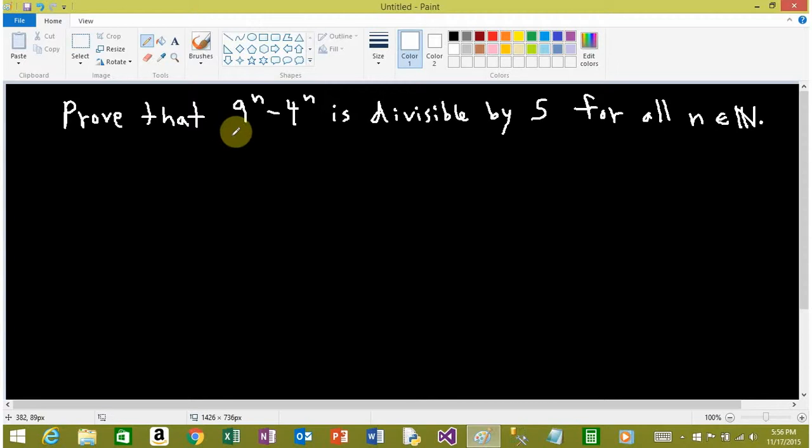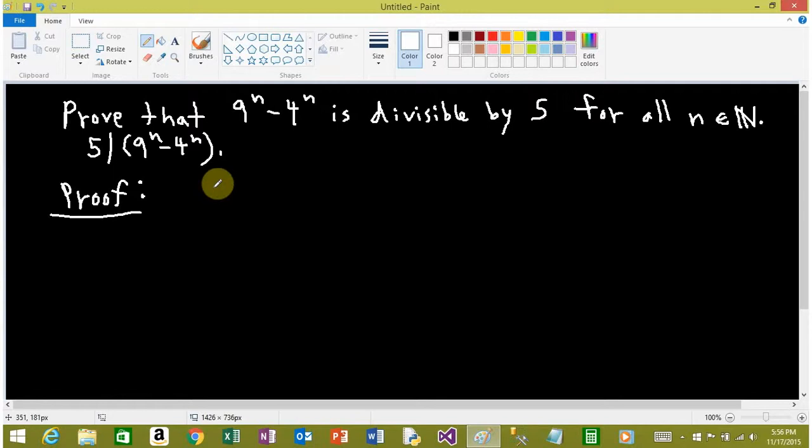So what that means is that we're going to show that 5 is going to divide that quantity, 9 to the n minus 4 to the n. That's what we want to show. So let's do that. We have proof. Okay.